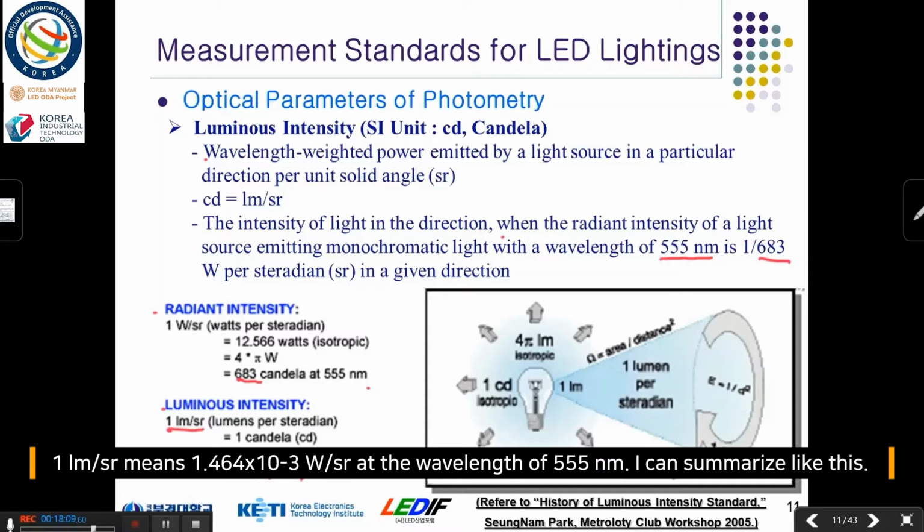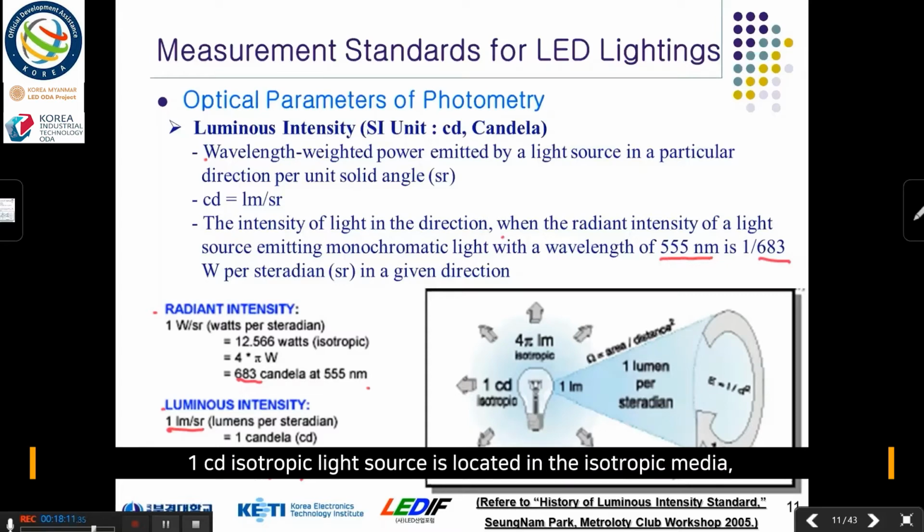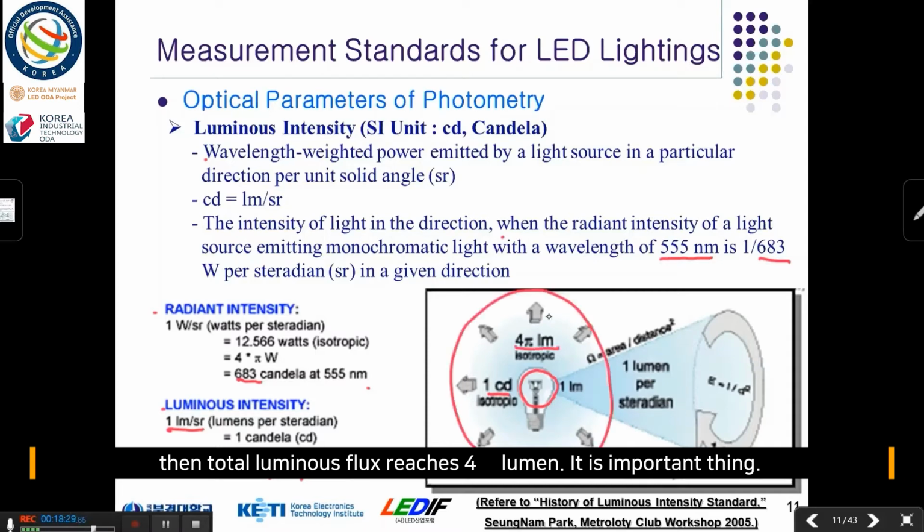So I can summarize like this. If there is one candela isotropic light source located in an isotropic medium, then the total luminous flux reaches 4 pi lumen. That is an important thing. That's the straightforward relation of candela and lumen.